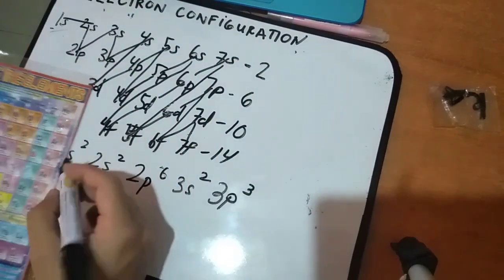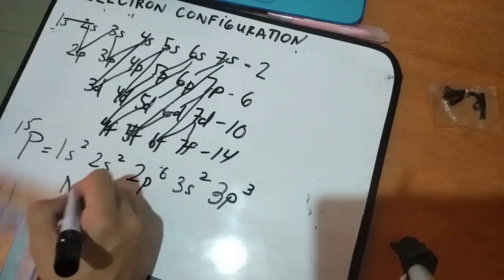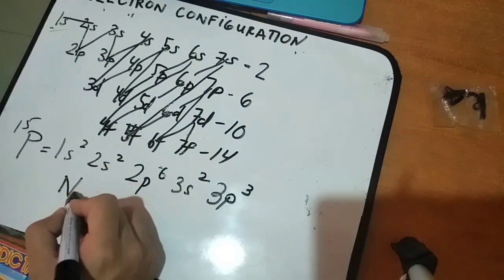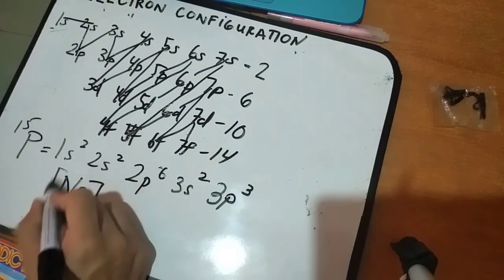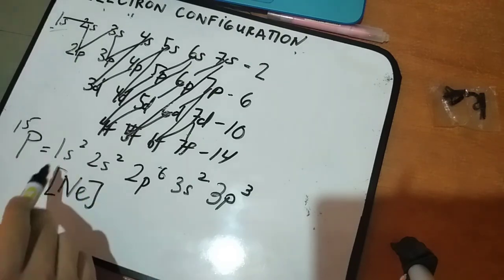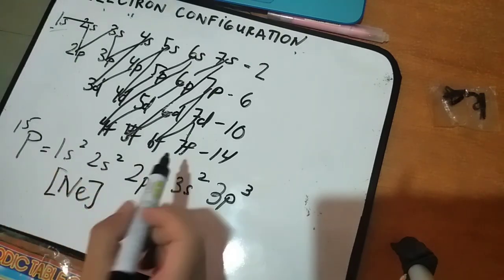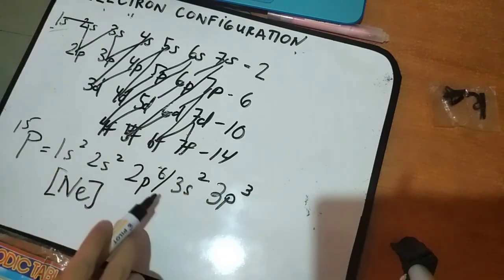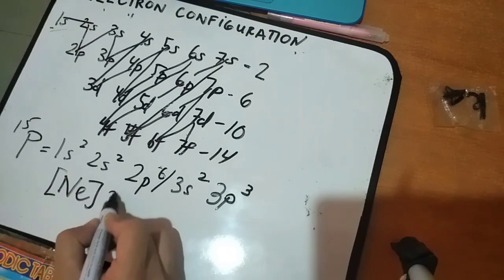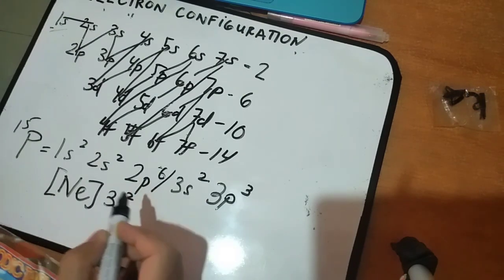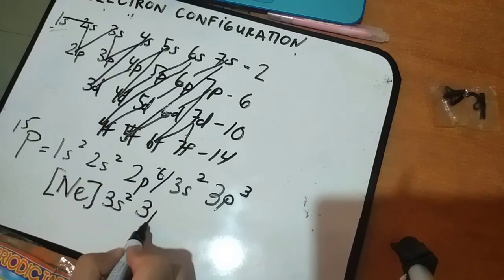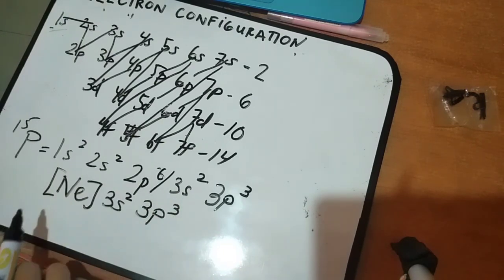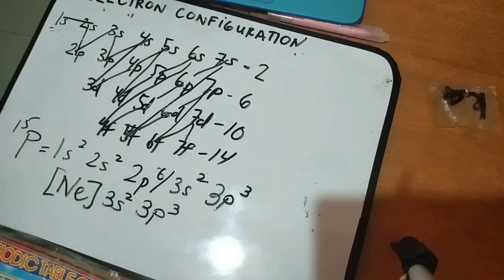So, lagay na natin yung noble gas before the element, which is neon. So, it already has 10. So, ano na lang ang natira? So, 3s2, 3p3. So, this is your noble gas configuration.